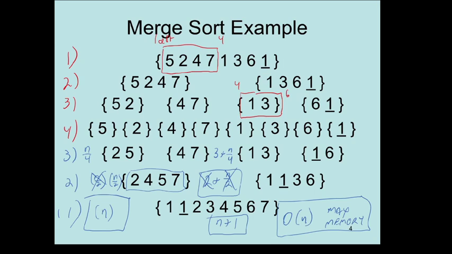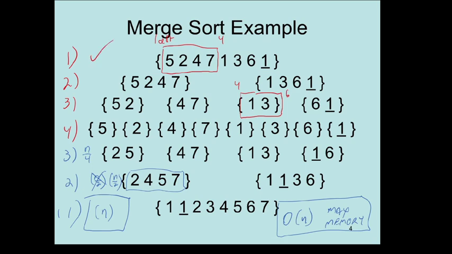So that's absolutely true. O of n plus log n is O of n, but it actually isn't all required at the same time. When I have the recursion depth, let me erase a little bit here. So let's go through this. I'm at a recursion depth of 1, so right here I've got one stack frame.